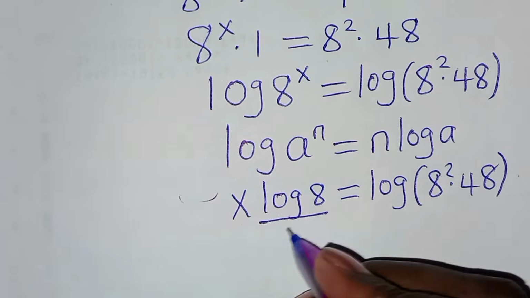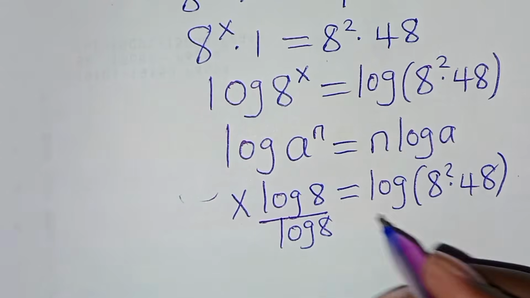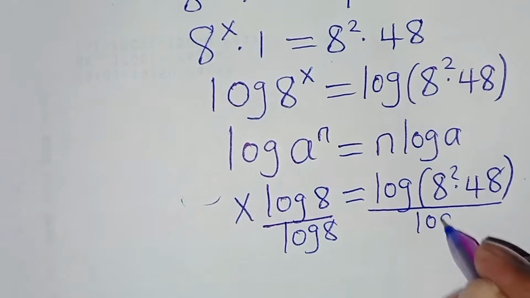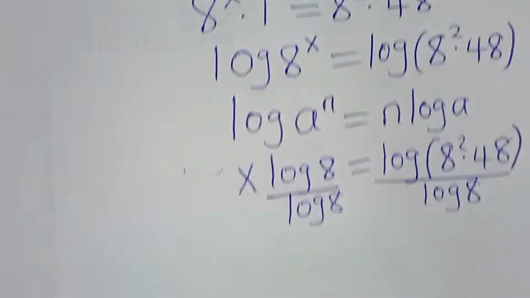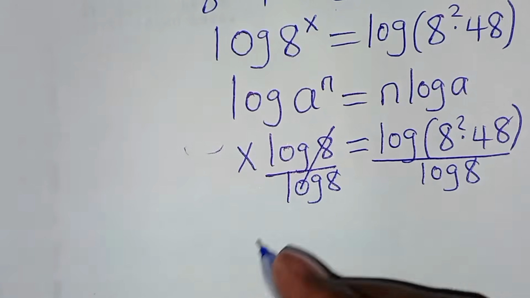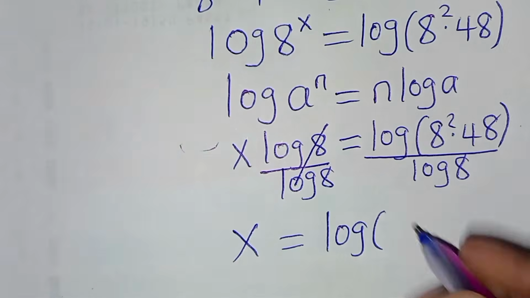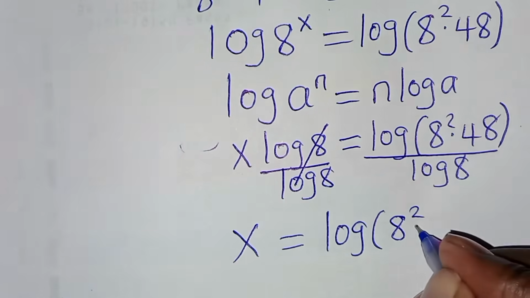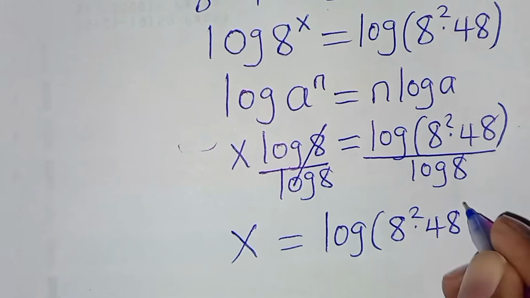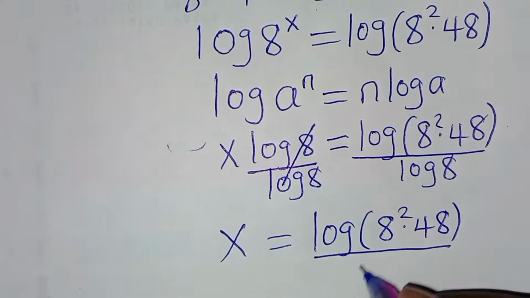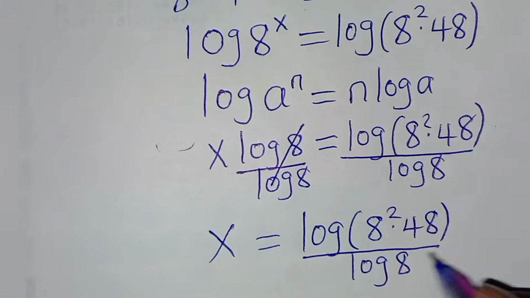So let's divide both sides by log 8. Now, by simplifying here, we'll have that x is equal to log 8 to the power 2 times 48 divided by log 8.